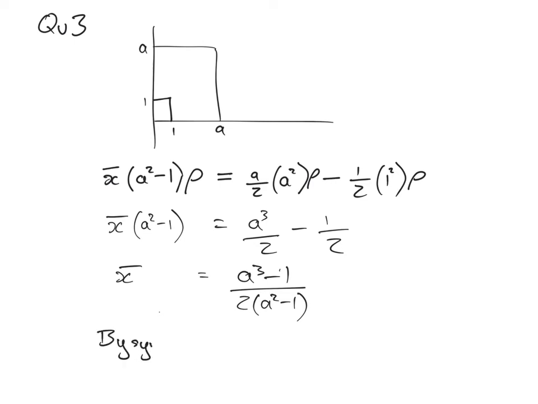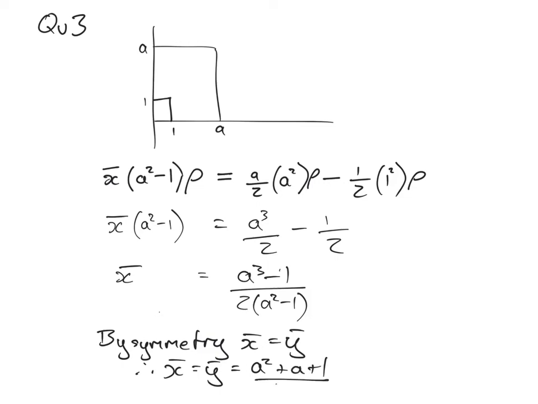By symmetry, because it's exactly the same in x and y, x bar equals y bar, therefore x bar equals y bar equals, using the result that we've been given, A squared plus A plus 1 over 2A plus 1, a result which you can prove. We're not going to do it now, and you wouldn't be required to in the exam if they give it to you.